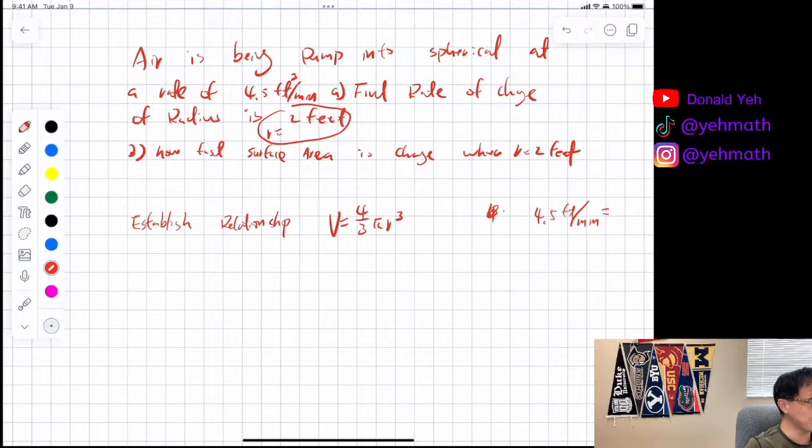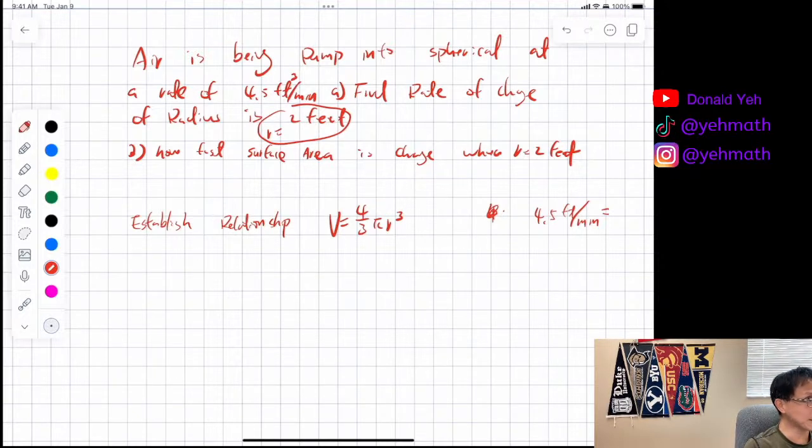So you gotta convert that sentence into understanding, because you are pumping in the air. Air can also be pumped out as well. It can be negative 4.5 or positive 4.5. You gotta be careful of the words. Sometimes people don't read, I know most of you guys don't read, but you gotta read the stuff. Are they pumping in or pumping out?